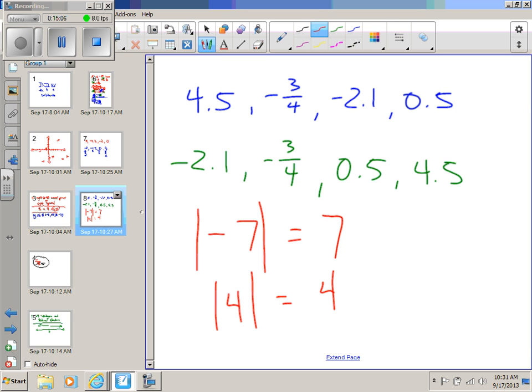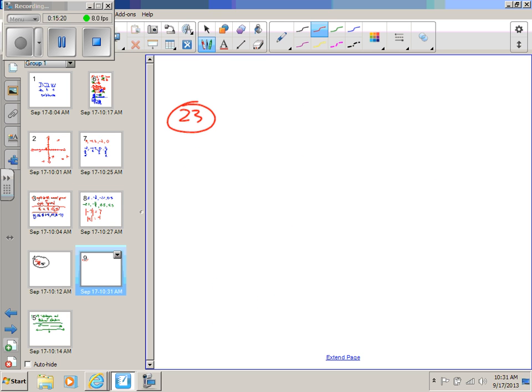For a given value of A, find negative A and find the absolute value of A. So let's take a look at 23 together. They want us to find negative A and the absolute value of A. The first thing they give us for number 23, A is equal to 6.